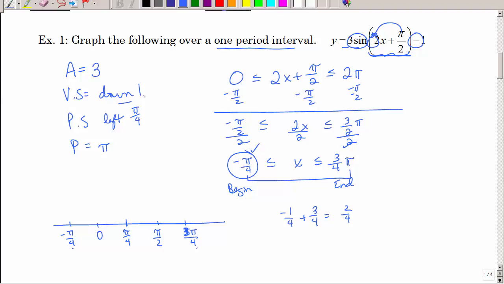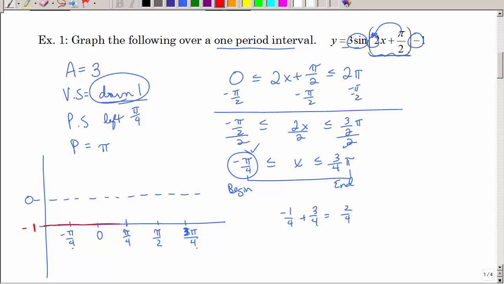Now at this point you can put your vertical axis anywhere you want to. Sometimes for me it's convenient to do it out to the side here. And since I'm going to be down 1, I know my original x-axis was up here, so this would be at 0. So if I'm down 1, this is at -1.